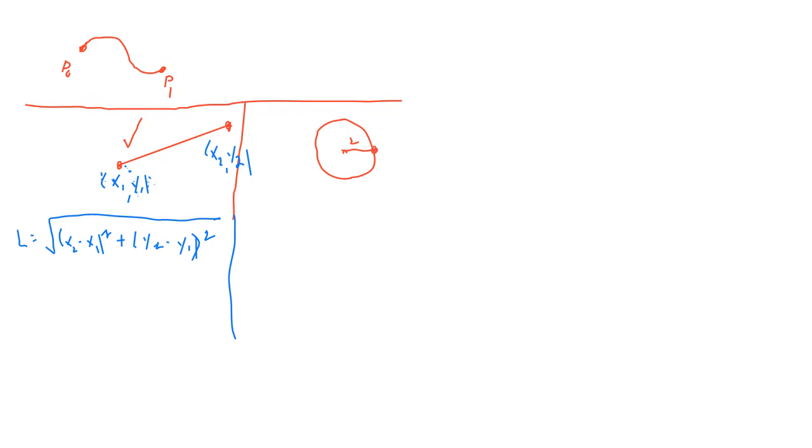If we start at this point here, and let's say we go to this point P1, so here's our arc, say. Usually, by the way, for arcs we put arrows on for direction. Can we find the length of this arc here?